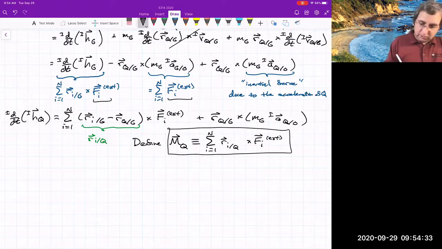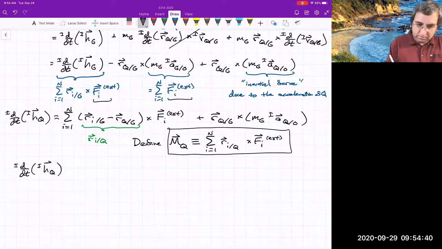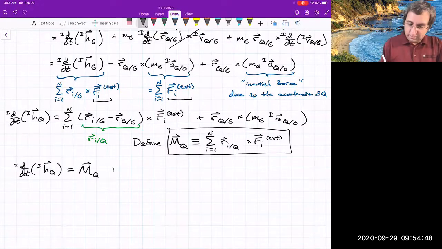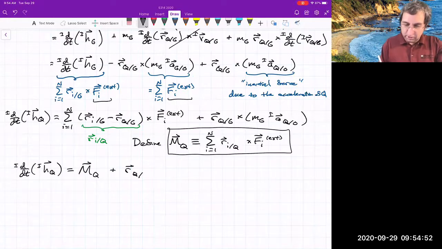And then what are we left with? So here is the evolution equation for I_HQ. It's the total moment of the system about Q plus an extra apparent moment just due to the acceleration of Q.